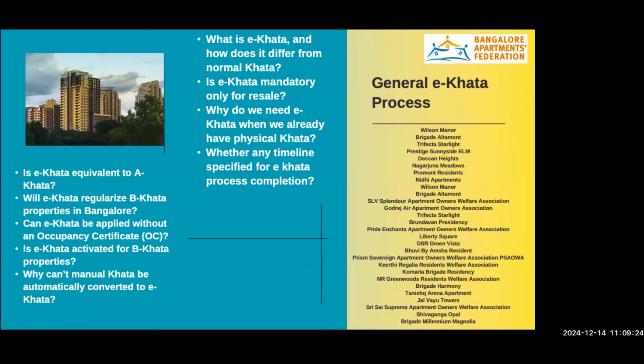He may have a BESCOM number which will also be in Venkatesh's name. He may have also a property tax ID in Venkatesh's name. Even in such situation, he should not be able to sell off or knock off your property. That is why some check and balance we have done, we are forced to do before the transactions are allowed. This is like broadly the sum total of e-Khata system.